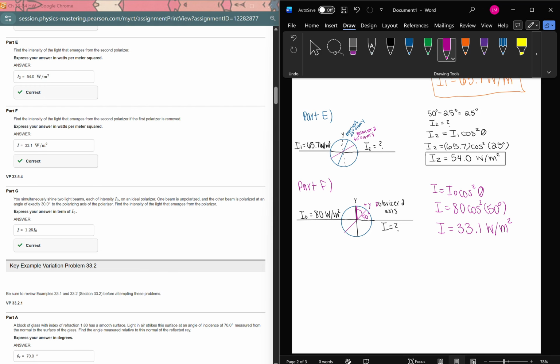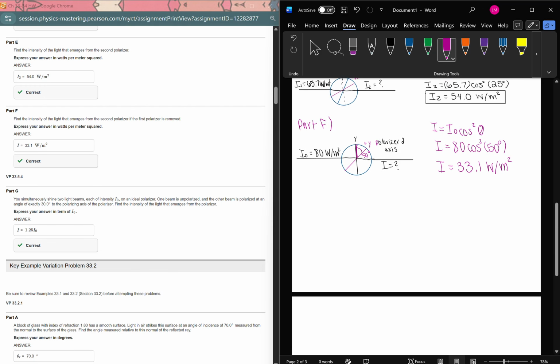Okay, now let's do part G. You simultaneously shine two light beams, each of initial intensity I, on an ideal polarizer.